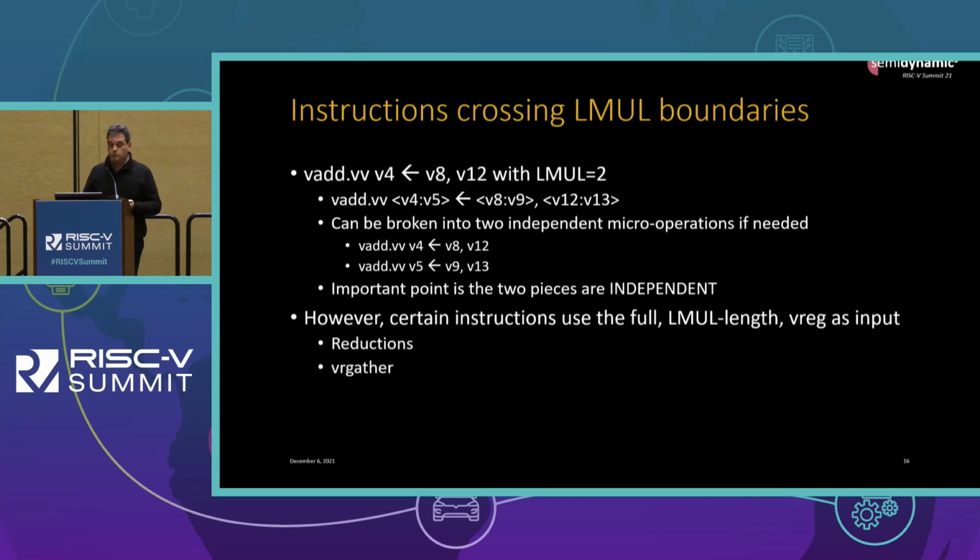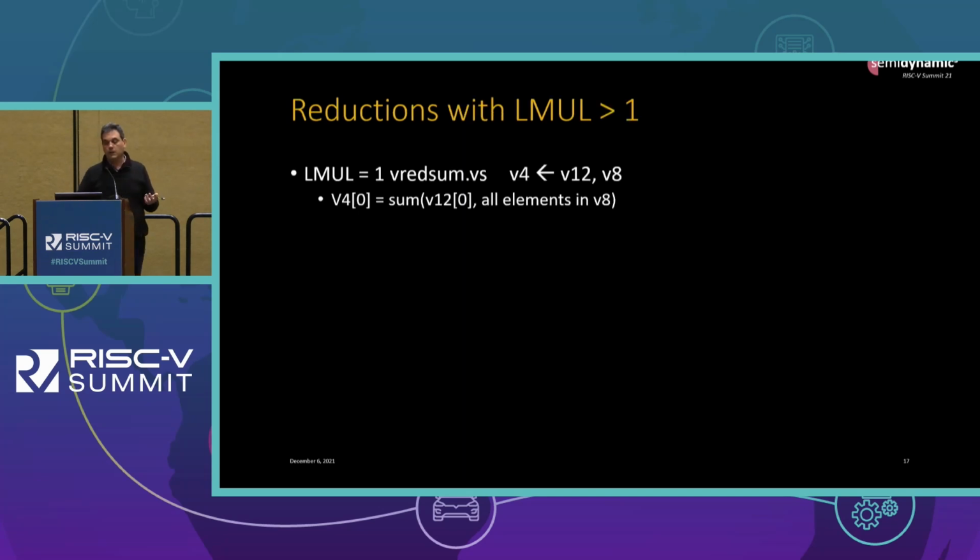But there are a few instructions, reductions and VRGATHER, and I particularly like the VRGATHER instruction, so this is not a complaint about it, that actually cross the Elmol boundary so that you cannot see the instruction as 4 independent micro-ops. It's one gigantic blob of work. So let's start with reductions. VSUM says, I want to add all of V8 plus the first element of V12 and put the result in V4. Fine.